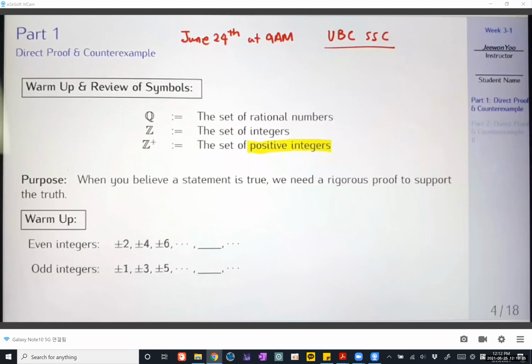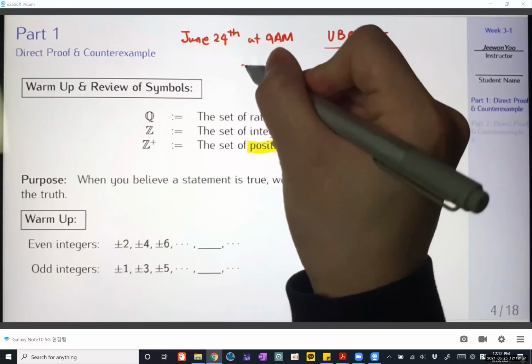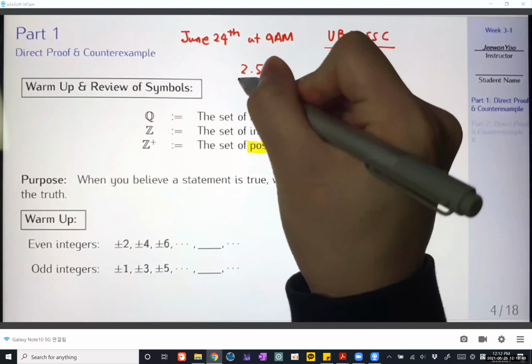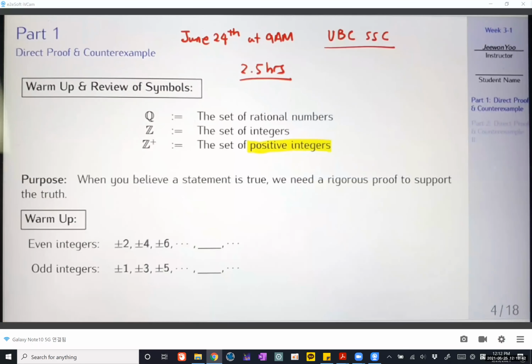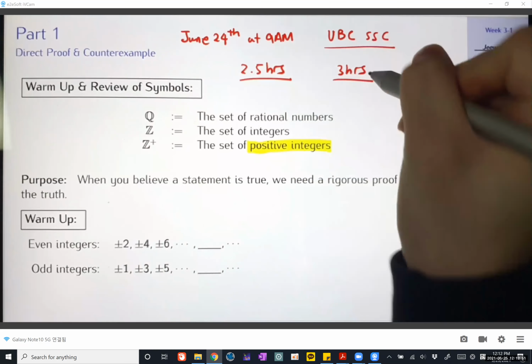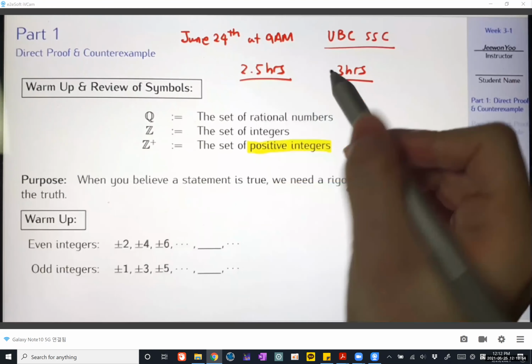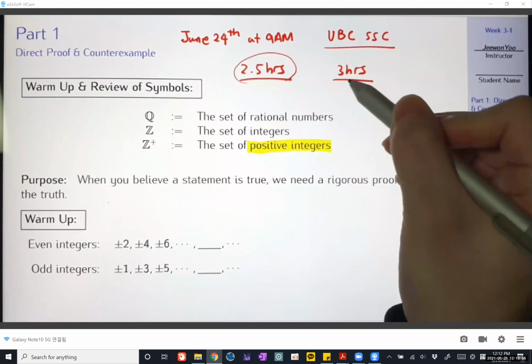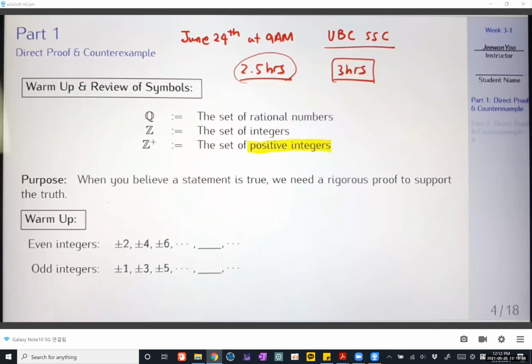Unless they say something, because last term, I got an email from a very executive level at UBC that it has to be 2.5 hours. Do you remember? Term 2. But ever since I started working at UBC, it always has been 3 hours. So here's my plan. Unless they tell me to change to 2.5 hours, I'll stick with the usual convention of 3 hours. Sounds good?